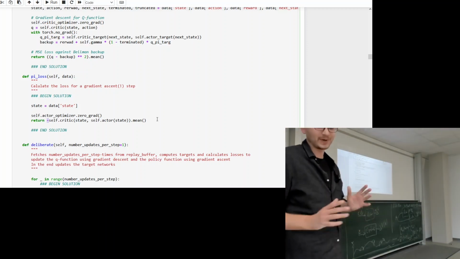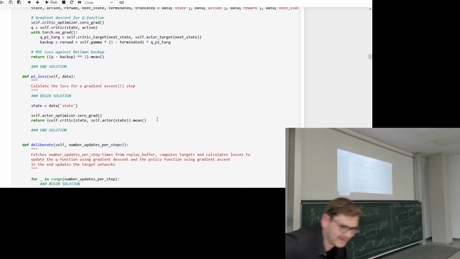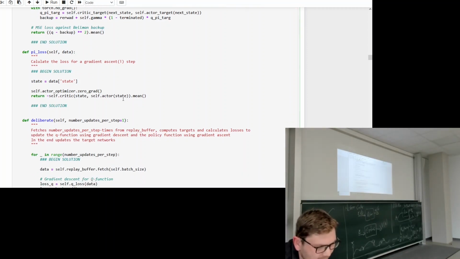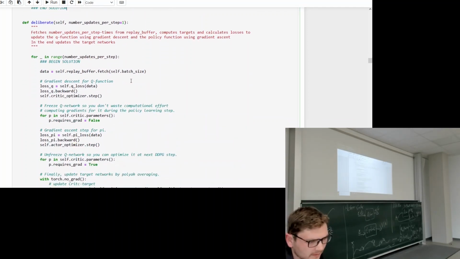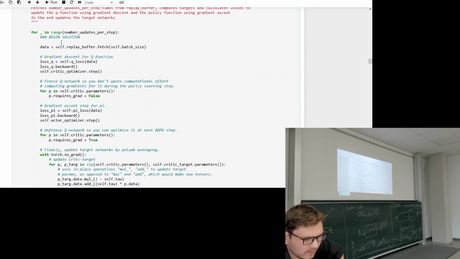It's obvious once you have seen it the first time, but before that, it might be confusing to some. Yeah, the update function is the function that we use for training. So the first step that we are taking here is fetching data from our replay buffer.